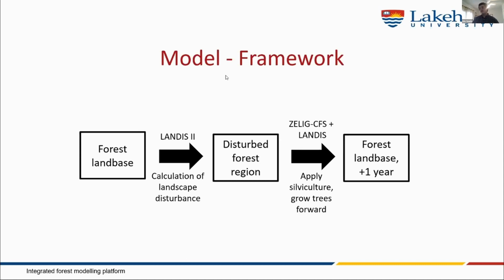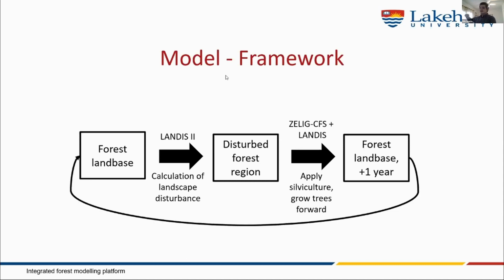From that forecast of 1 year in the future, we can run it back through this modeling infrastructure, and get our forest land base 2 years into the future. Run it back through, 3 years into the future, run it back through, 4 years into the future, right? And so on and so forth, until we reach our endpoint. And what we really hope that we'll be able to derive from this forest land base is a future prediction of an FRI.